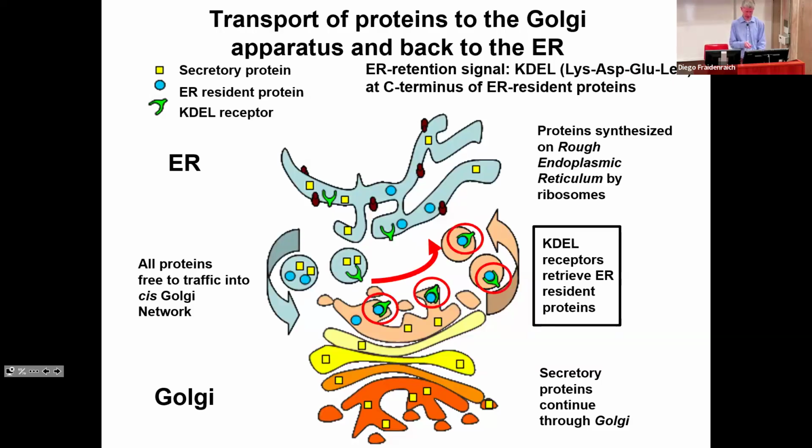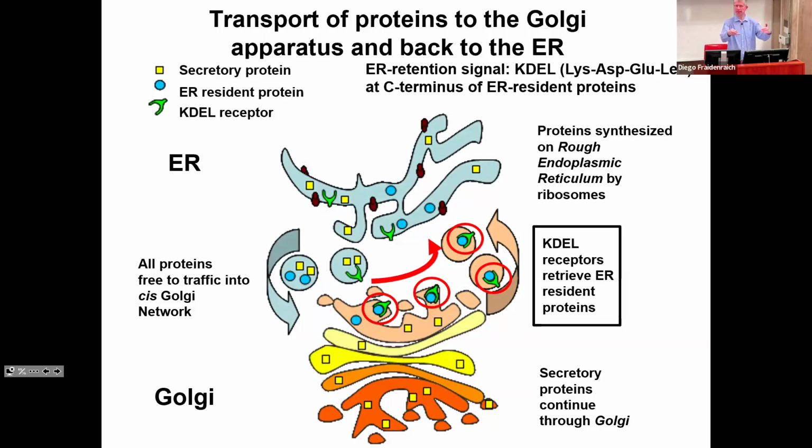So here you can see receptors sitting in the cis-Golgi network, looking out for the KDEL at the C-terminus. Once an interaction is established, the protein goes back by retrograde transport to the ER. So this is how ER resident proteins are maintained in the ER. It's not like it stays just in the ER.